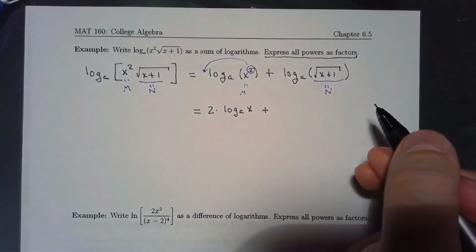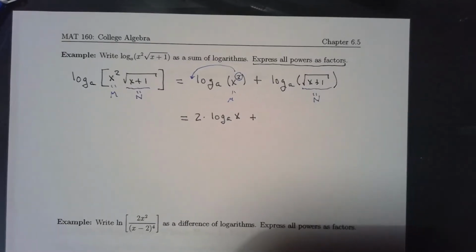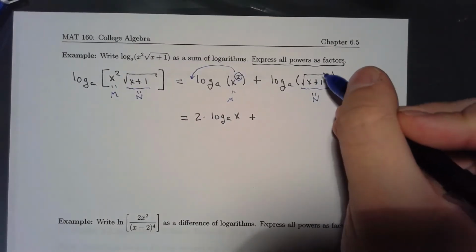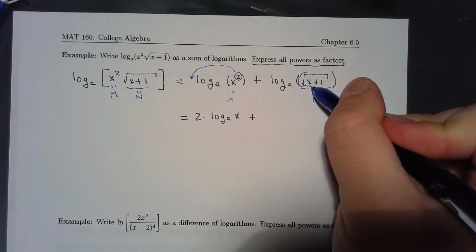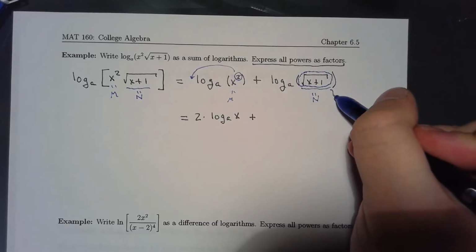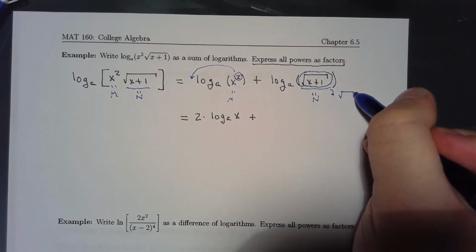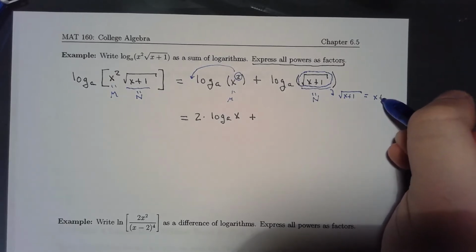plus. Now, this one requires a little intuition, but if you look at this expression, remember we could write the square root of x plus 1 as what? x plus 1 to what power?